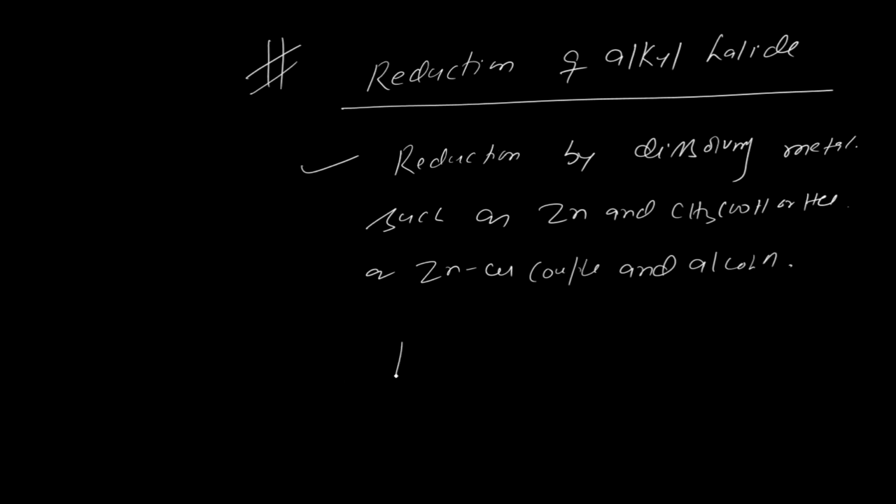So we just take the alkyl halide, and this is your zinc and the HCl, so it will give you RH. RH means alkane. So these are the reducing agents, and this provides the hydrogen.